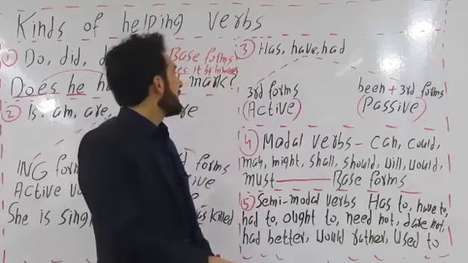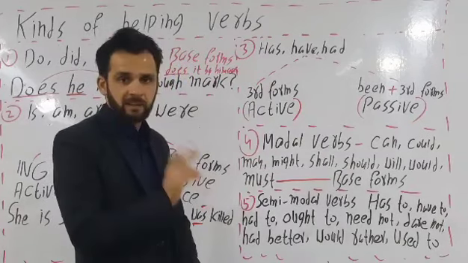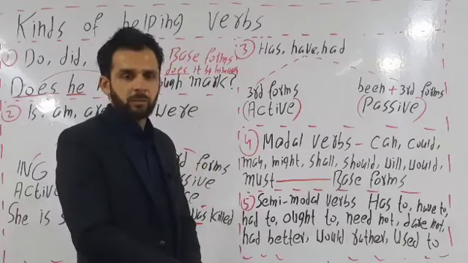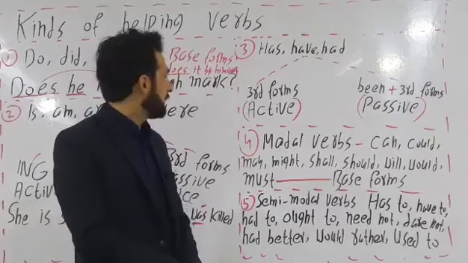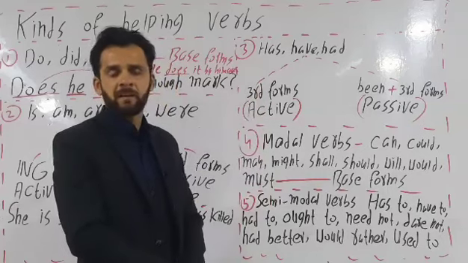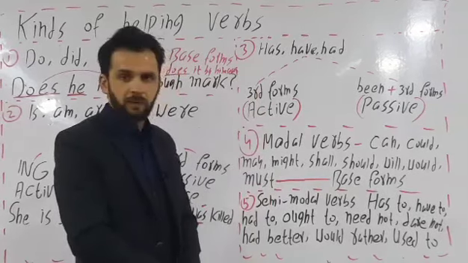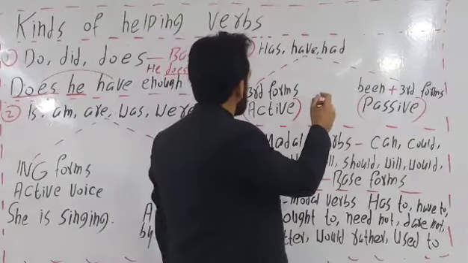The third category of helping verbs is has, have, and had. These can be followed either by the third form or been plus third form. If the sentence is active voice, these will be followed by the third form.